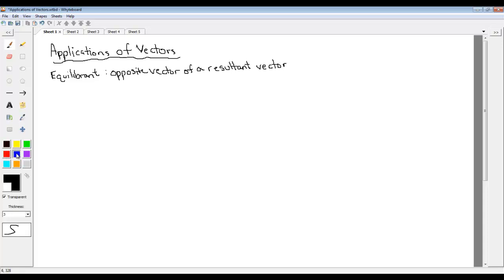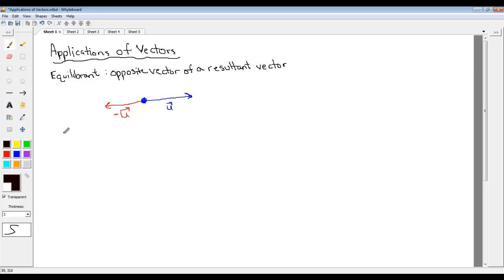So like if you have a resultant vector that's u, the equilibrant would be negative u. And the equilibrant is going to be the subject of our first word problem here.